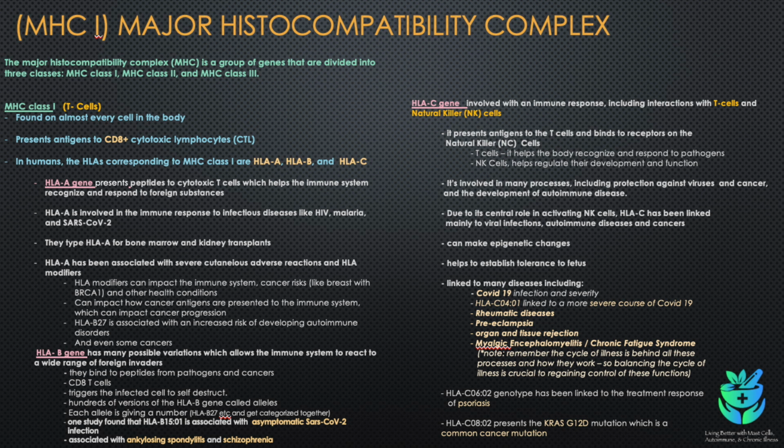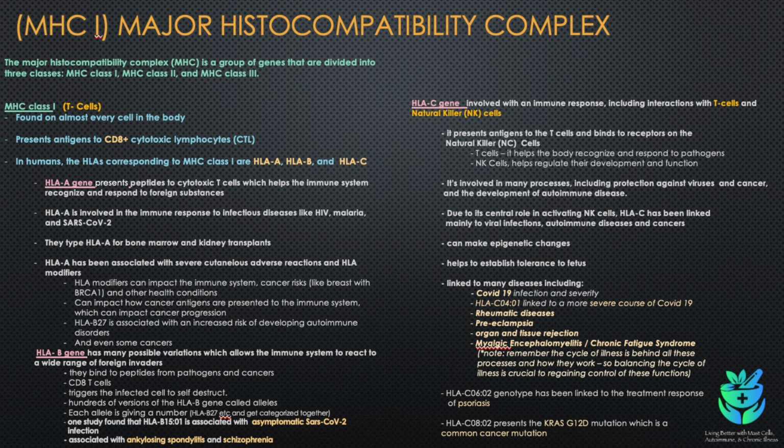The HLA-B27 is associated with increased risk of developing autoimmune disorders and even some cancers. The HLA-B has many possible variants, which allows the immune system to react to a wide range of foreign invaders. They bind to peptides from the pathogens and cancers.